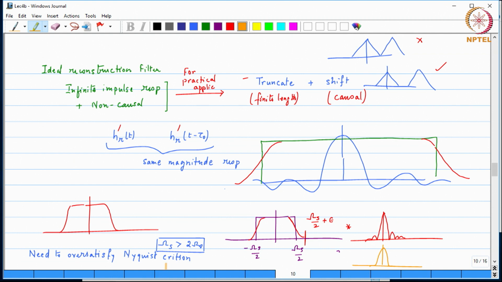Once you over-satisfy it, the windowing will have ringing, but it will die down before the aliasing part begins, right. Very good question.